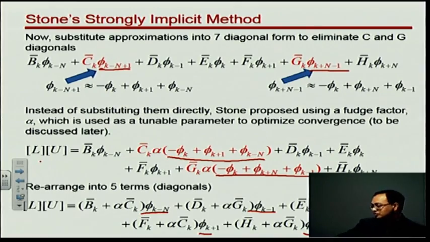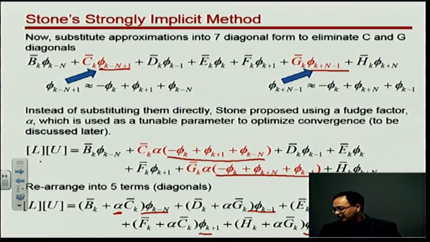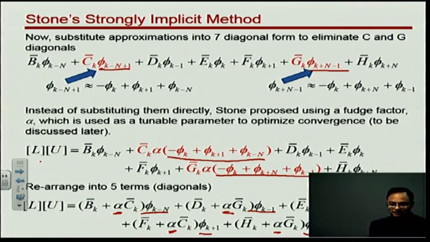So he introduced this fudge factor, you can call it Stone's factor alpha, and then he plugged everything in, and that gave us this extra guy everywhere. Later on you will see that this alpha in the Stone solver is actually used to fine-tune the convergence.